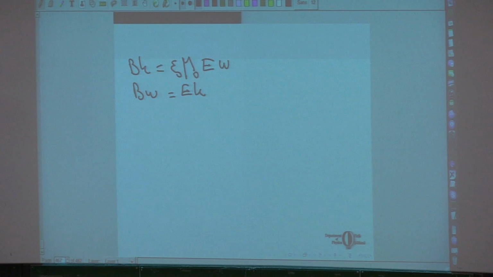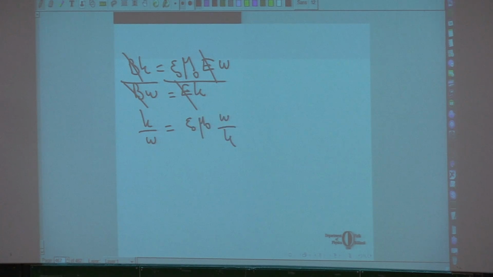I can just divide side by side. The B's will cancel, E's will cancel. So with that k over omega is equal to epsilon 0 mu 0 omega over k. Remember, omega over k was nothing but the velocity of my wave.